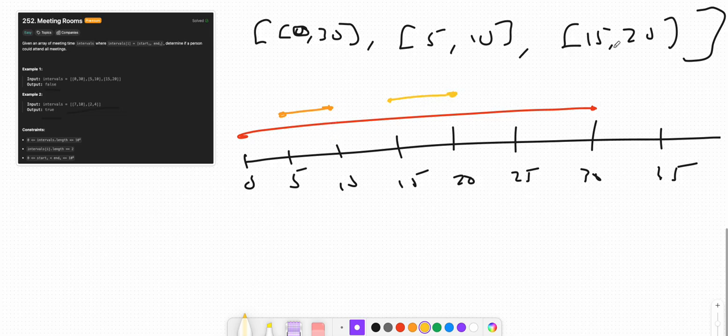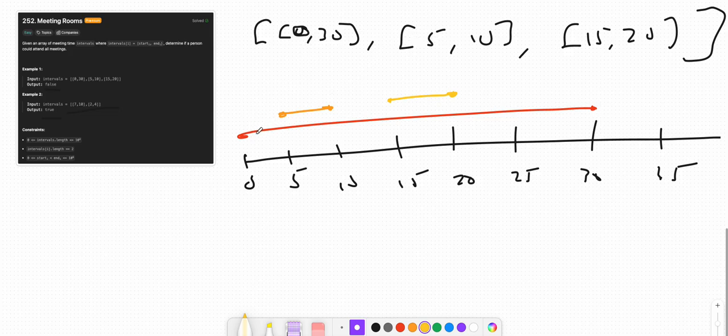This one seems to be sorted, but I don't think it's sorted by the start times. The question does not say it's sorted by any order. But for a faster and efficient solution, we'll probably need to sort by the start time, right?